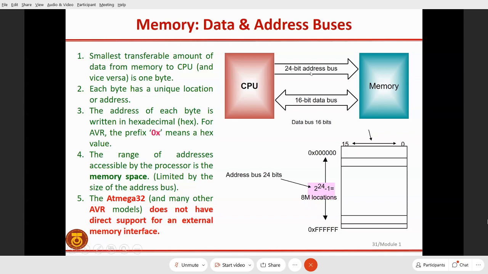Now we move on to understanding how the address is being read. We call it bus addressing.